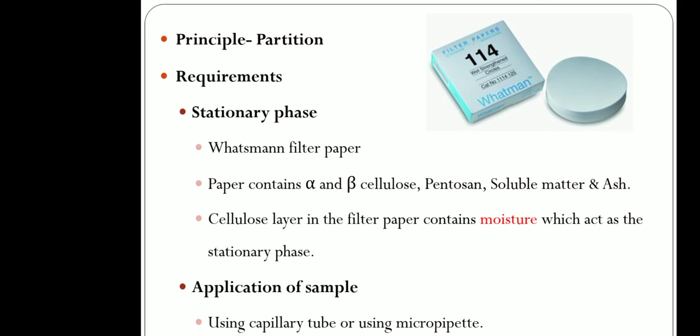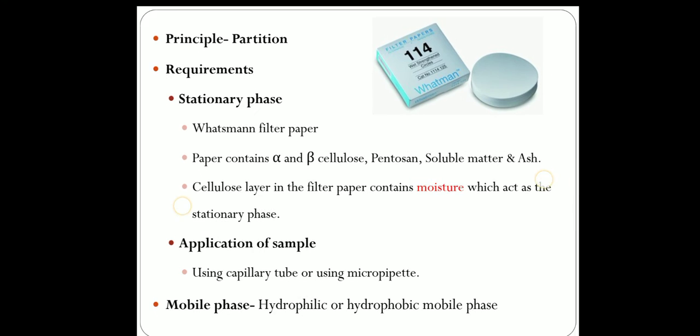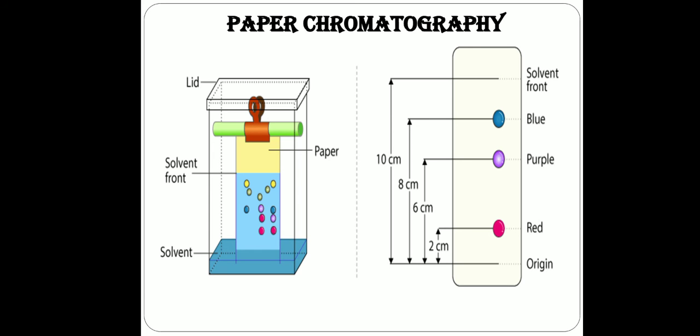The principle of separation is partition, and the requirements for carrying out this chromatography are a stationary phase and application of sample. To the stationary phase we apply the sample using an applicator, commonly a capillary tube or micropipette.